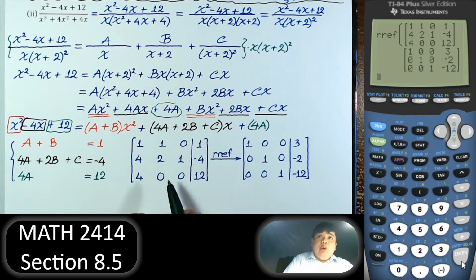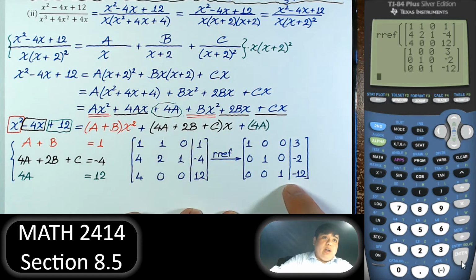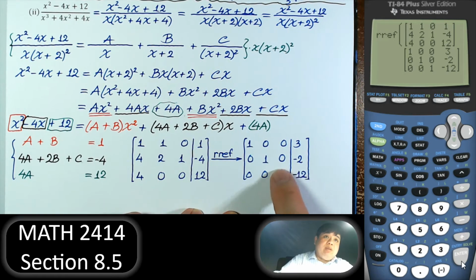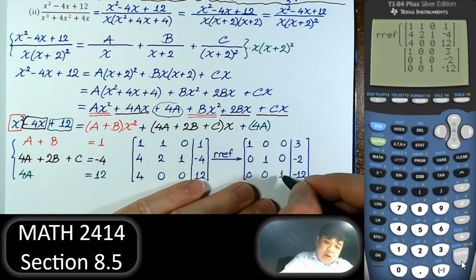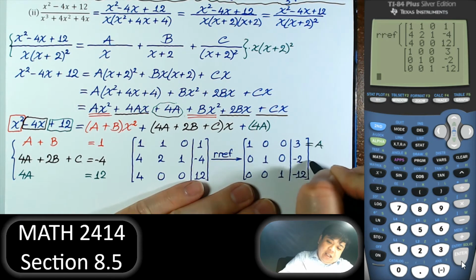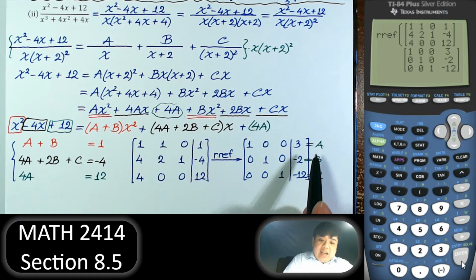efficiently. By the way, when we do the reduced row echelon form, we have to have the 1s along the diagonal here. We have to have what we call the identity matrix. If we have 0 here, then this is not the answer. But when we have 1, 1, and 1, that is A, B, then C. Then you may ask why is that A and B and C?